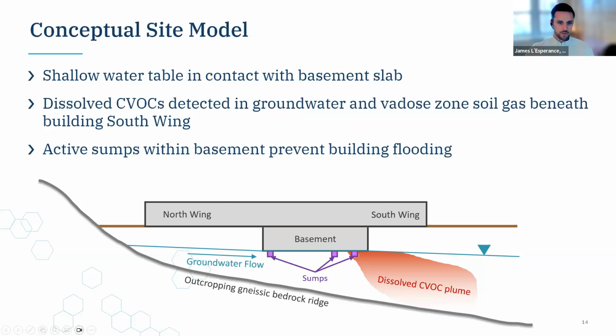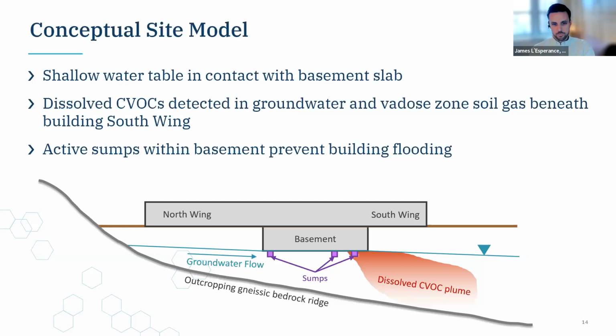What is a bit more unique about this site is that the groundwater table is essentially in contact with the basement slab. So to inhibit flooding potential in the basement, this building has installed several sumps within that basement slab with active sump pumps that are cycling on and off more or less continuously to manage that very high groundwater table immediately under that basement slab.